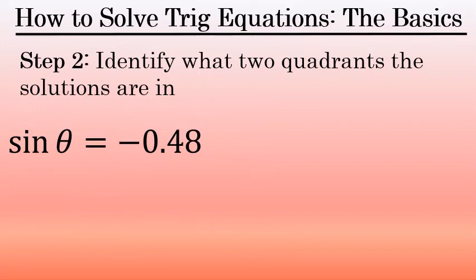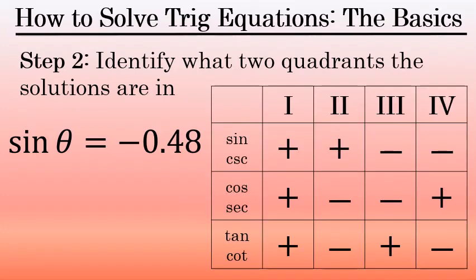Step 2 is to identify what quadrants the solutions are in. As I said earlier, this trig equation, like most trig equations, has an infinite number of solutions. We're only going to look at the solutions between 0 degrees and 360 degrees. This table represents whether the 6 trig functions are positive or negative depending on the quadrant.